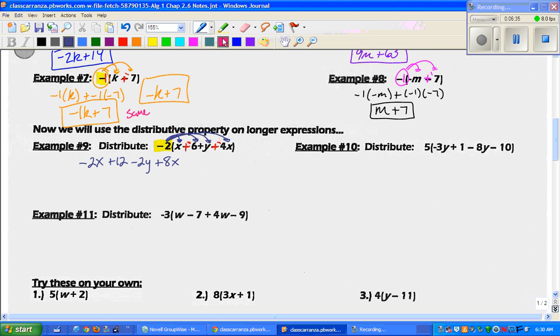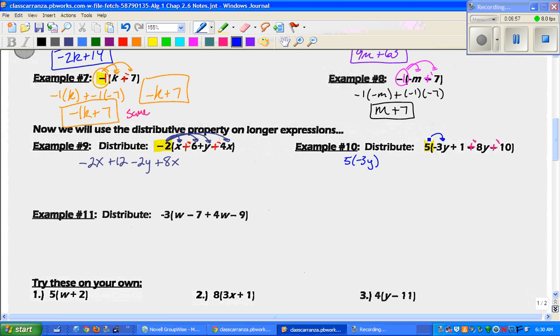Let's look at example number 10. Go through and do the clicks. We're going to be distributing the 5. Just in case you're wondering what we're multiplying, I'm going to write this one out the long way.